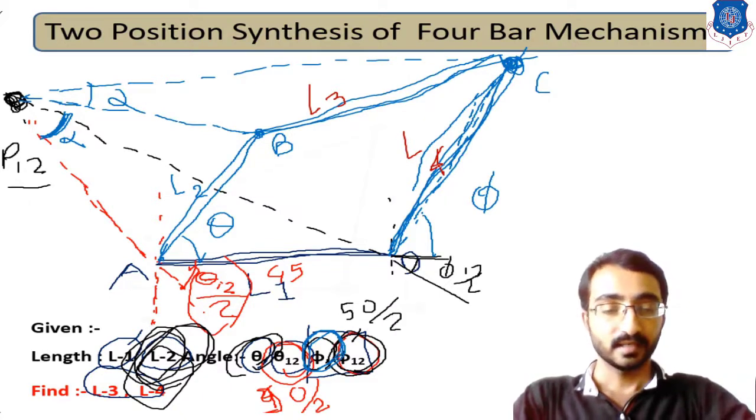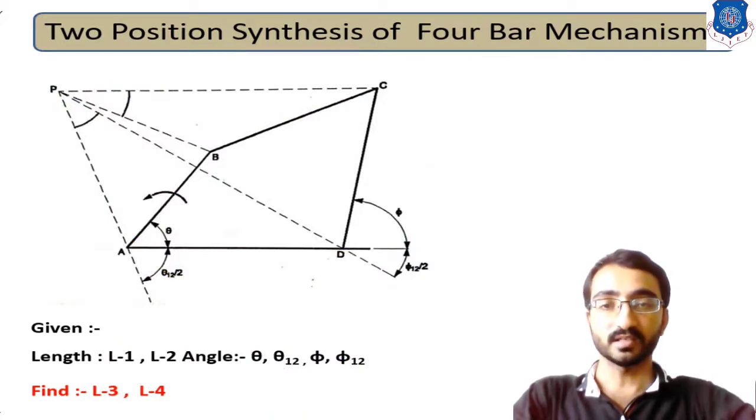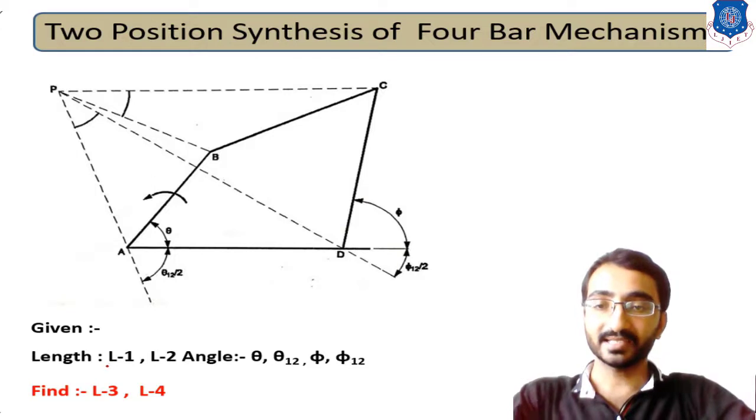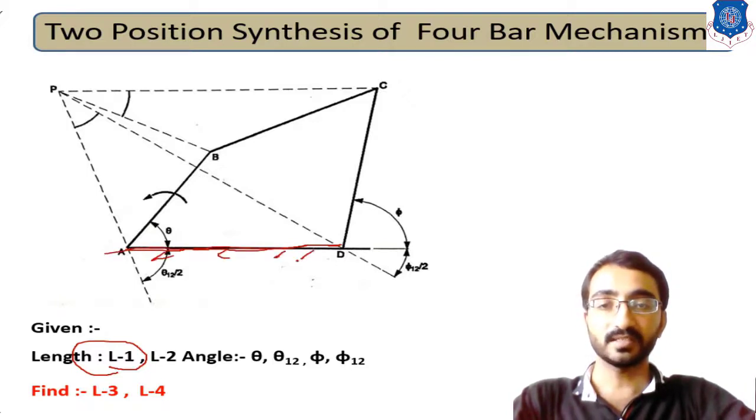Let's quickly revise it so that you can easily understand and sketch it while giving your examination. For input link L1 is given, so first draw a horizontal line which is the fixation link. We consider this as link number 1, L1.